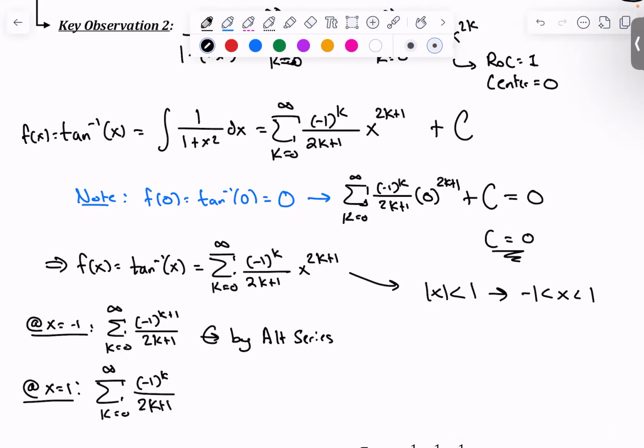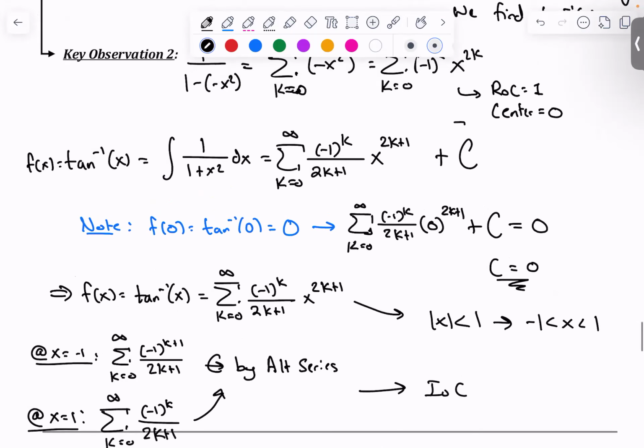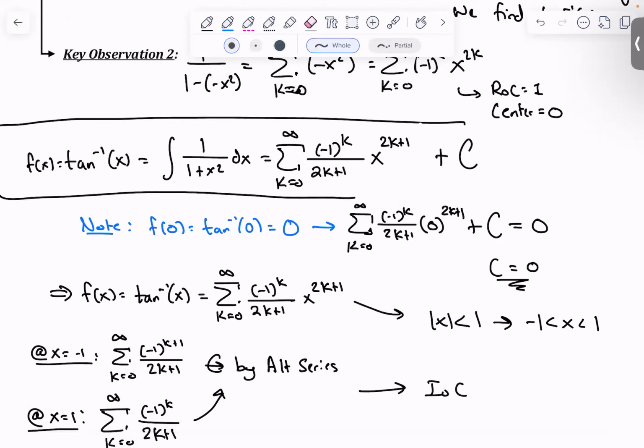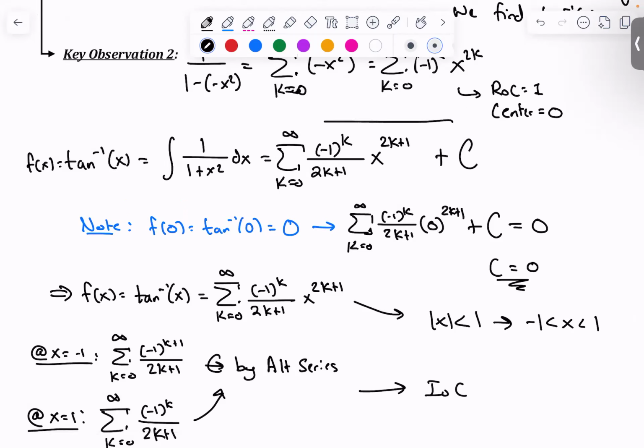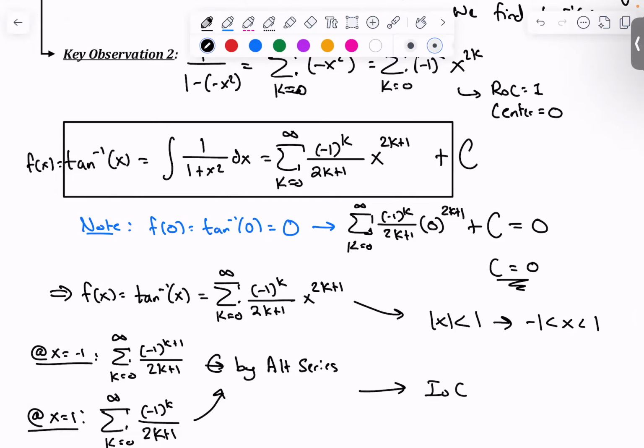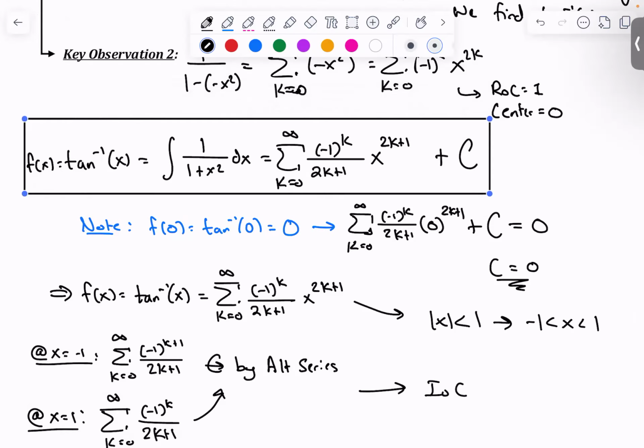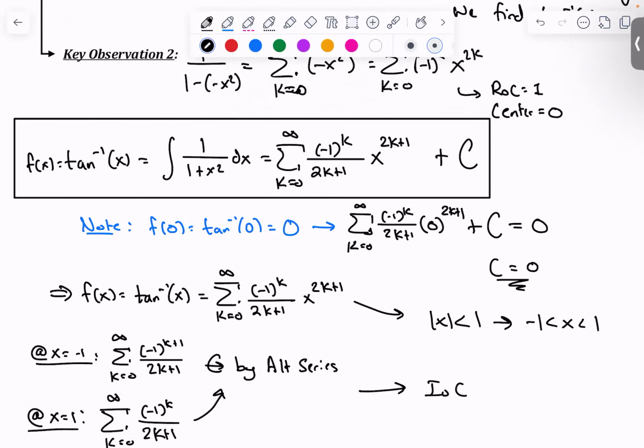So we have -1 to the k over 2k plus 1, which is also convergent by the alternating series test. So here is the power series representation of tangent inverse, and its interval of convergence is bracket -1 to +1 bracket.